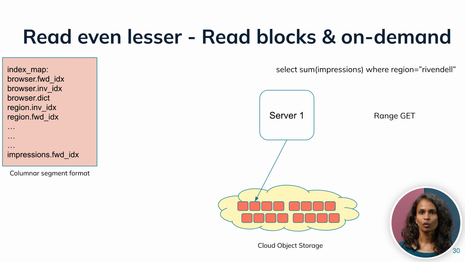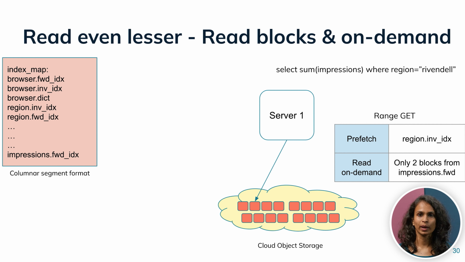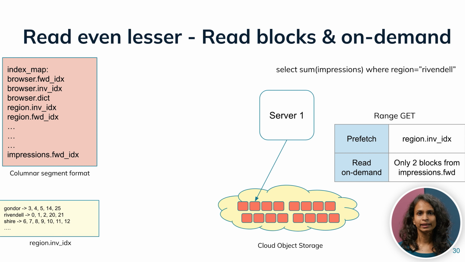Now, once we know exactly which segments we want, how do we read even less within the segment? For that, we decided to add some smartness to the query planner to not blindly start prefetching all indexes. Bringing this example from Xiaobing's previous slide back, to answer this query where we have a filter on region and then some aggregations on impressions, we only need to look up the inverted index for the region.